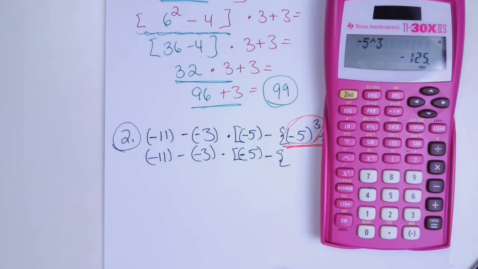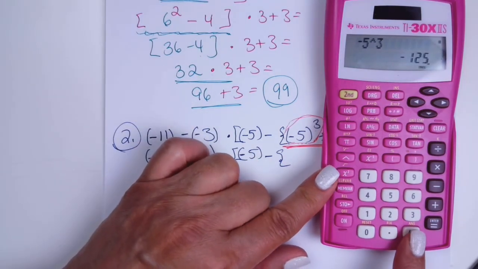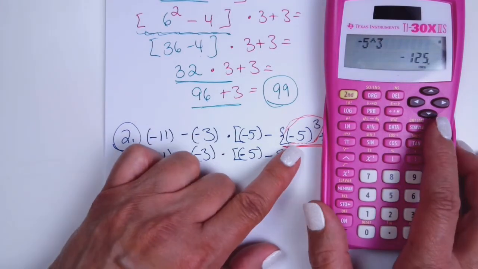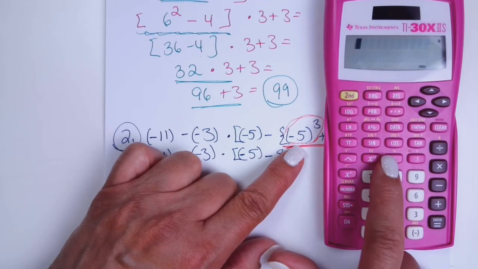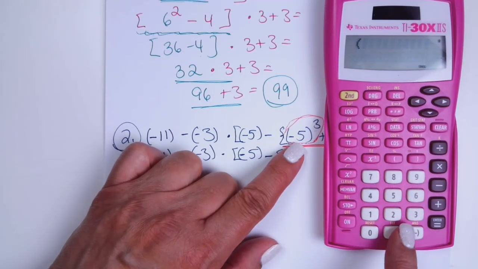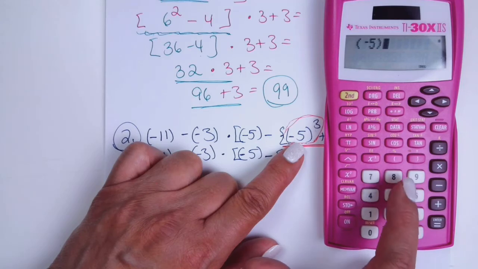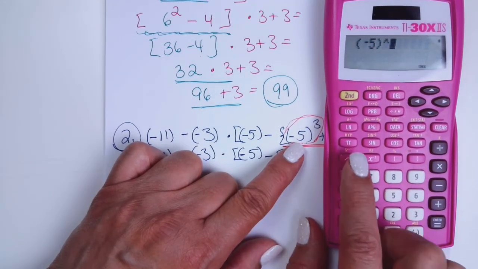Now, you need to be careful. This one actually is correct, but since we have the parentheses here, we need to put the negative 5 inside the parentheses so that it for sure takes the negative sign in front of the 5 when we do our exponent.